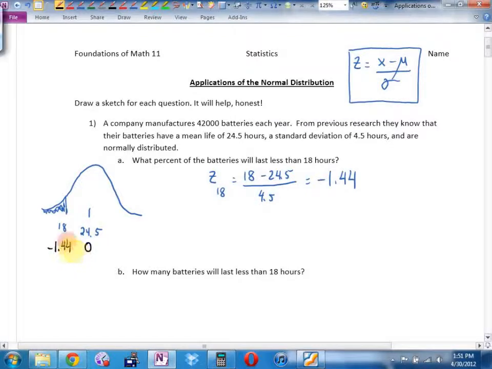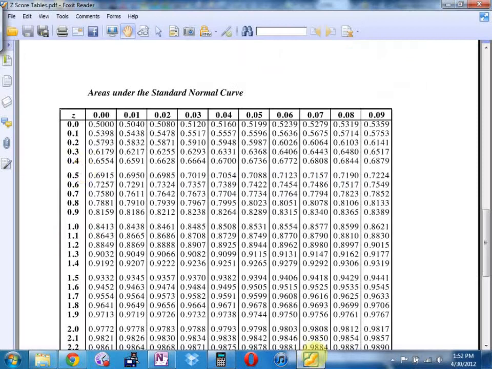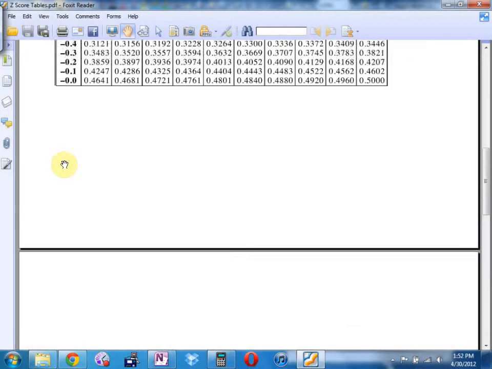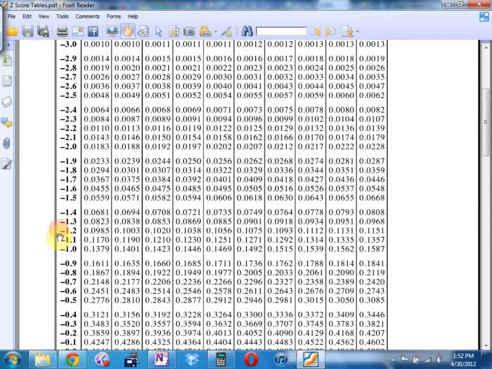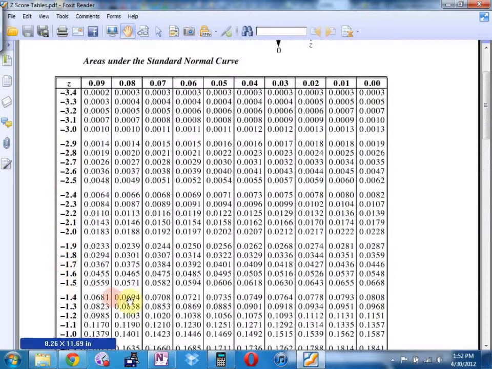What is the area to the left of less than 18 hours, or negative 1.44? Negative 1.44. You get, is it 0.0749?